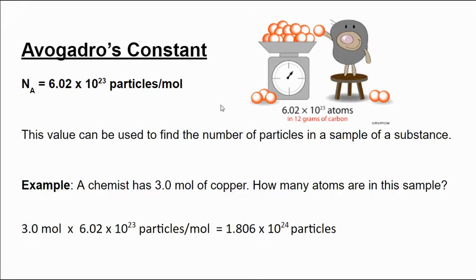But if I have a mole of copper, much like if I have a mole of carbon or a mole of gold, it means that I have 6.02 times 10 to the 23 atoms, or 6.02 times 10 to the 23 particles.